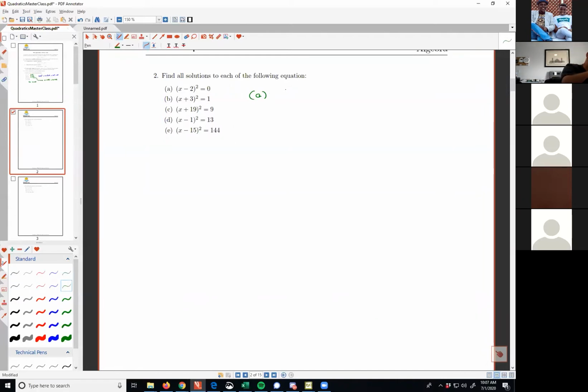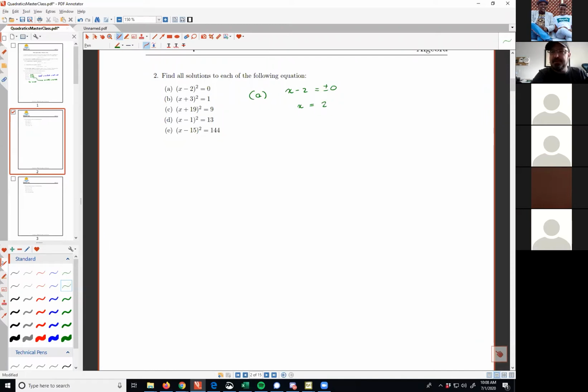Okay, take the square root. Seems reasonable. So then x is equal to 10. X is plus or minus 2. Not plus or minus, it's just 2. My bad, sorry.